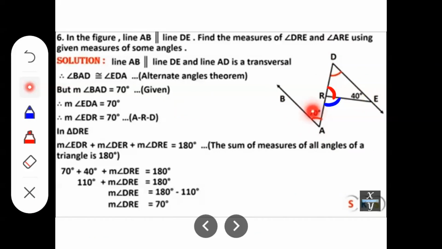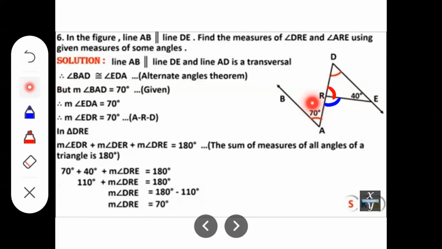This 70 degree and its pair, that is this angle. Okay, I mark it in red. See this angle and this angle, those are alternate angles.